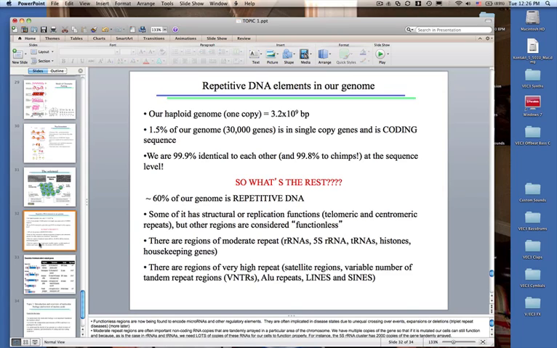All in a row, we've got multiple copies of the same thing. Okay? So if this is 5 prime, and this is 3 prime of that piece of DNA, you've got copy number 1, copy number 2, 3, 4, 5, 6. These can be arrayed genes, right?